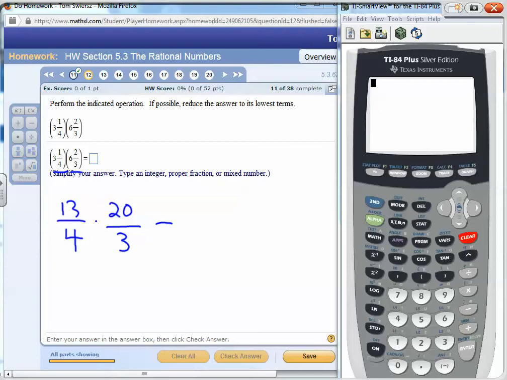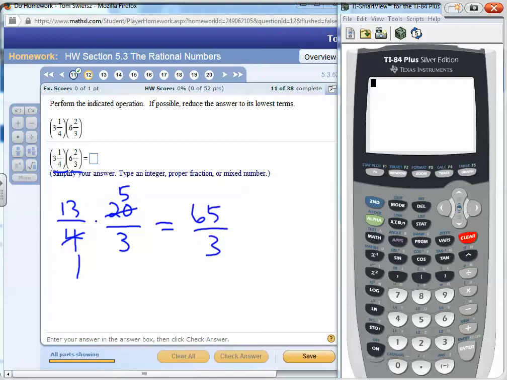Now, before we multiply, you can reduce any numerator with any denominator if there's a common divisor. So 4 goes into 4 once, 4 goes into 20 five times. 13, 5, and 3, nothing is divisible. So 13 times 5 is 65, and 3 times 1 is 3.